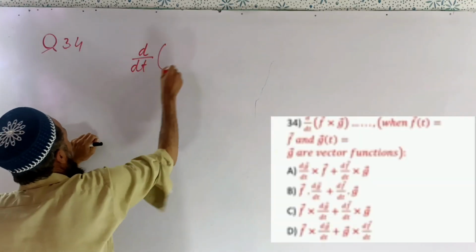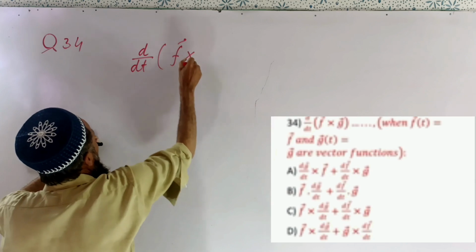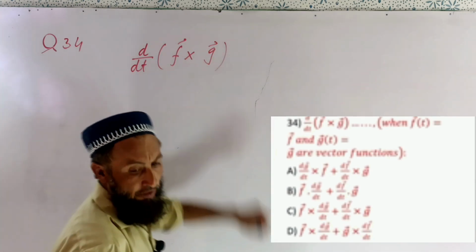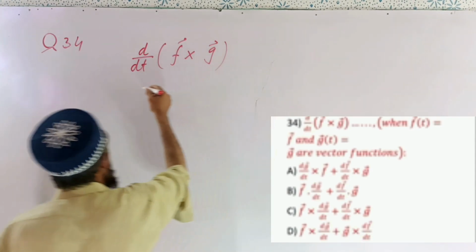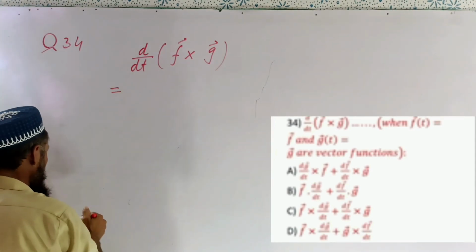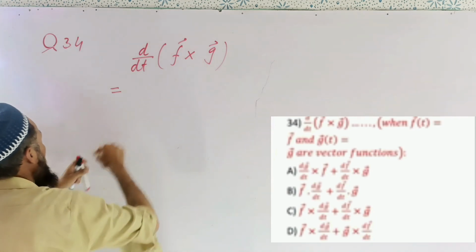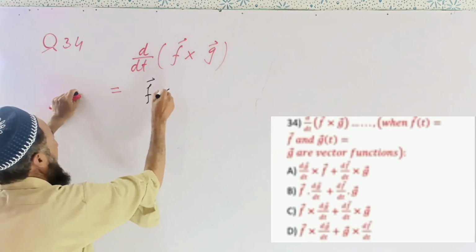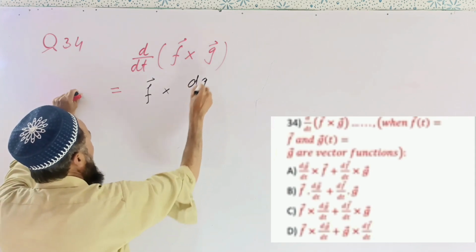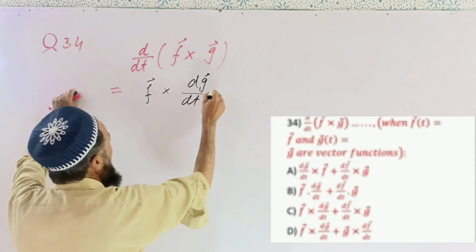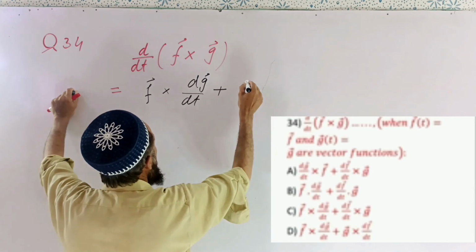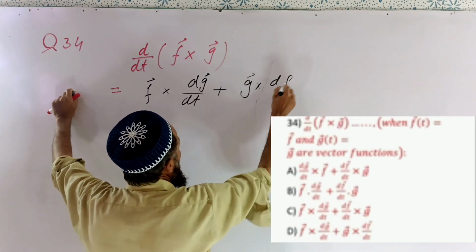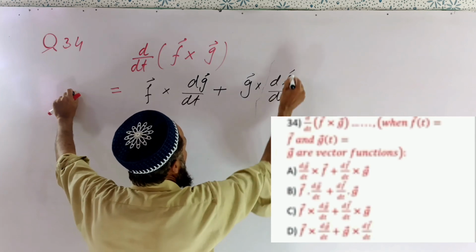Now if we check the correct option, the derivative with respect to t of a vector product is given by the vector product formula, as we know. The first function we take outside and cross with the derivative of the second function with respect to t, plus the second function g crossed with the derivative of the first function with respect to t.